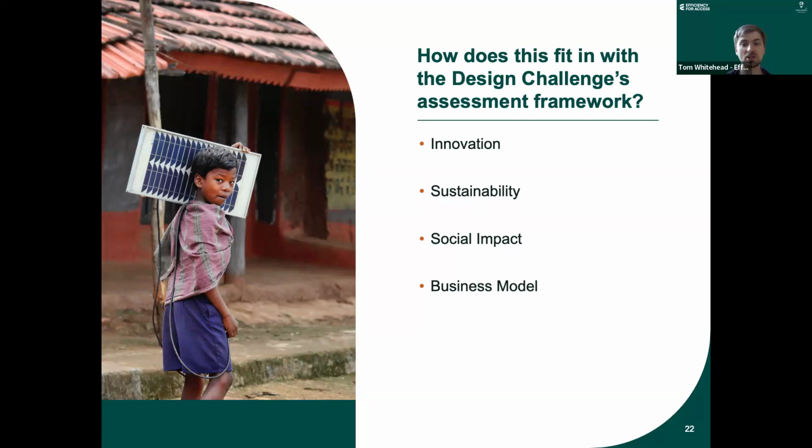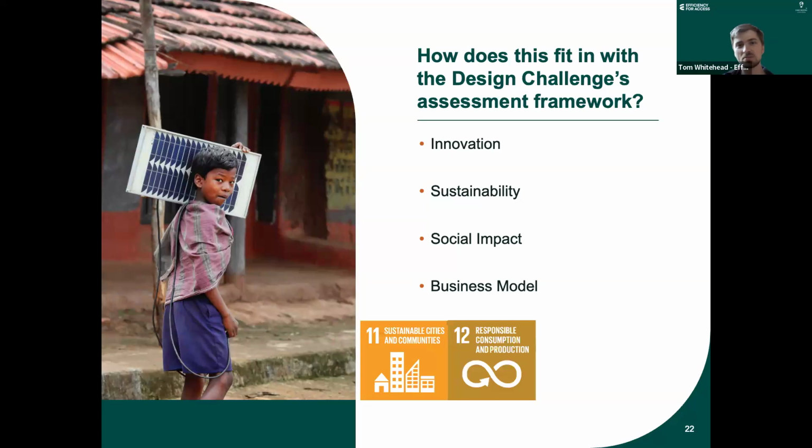And then for social impact, there are a number of Sustainable Development Goals that hit on this. So we have sustainable cities and communities, and responsible consumption and production that you can really pull out of this by using this approach.